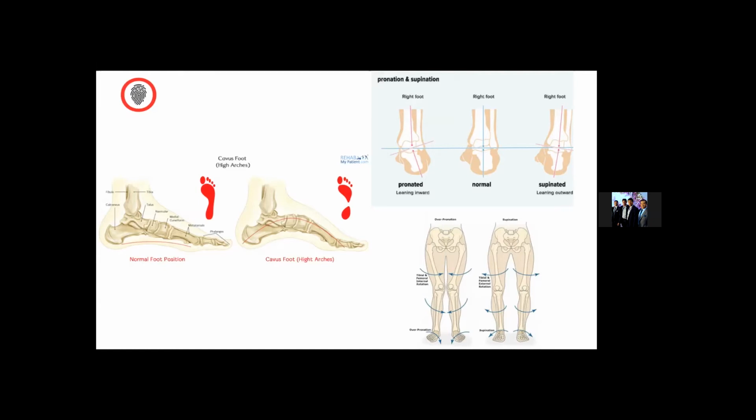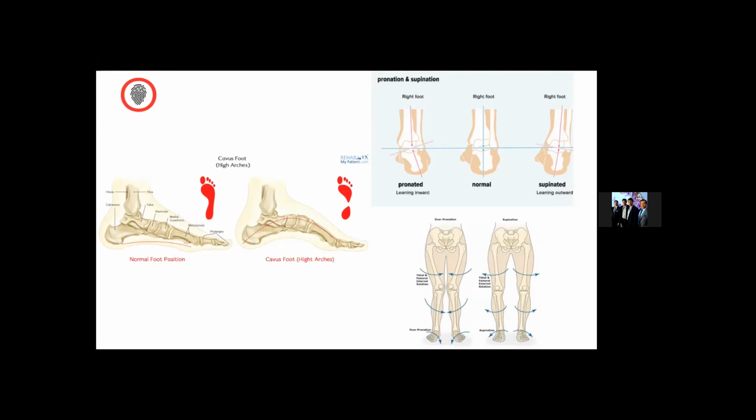So if the ankle tends to supinate, that is more out, then the tibia tends to rotate out. And if the tibia tends to rotate out, the hip also tends to rotate out. And if the hip tends to rotate out, there is a chance of a posterior tilt, and therefore a kinetic chain or a domino effect tends to go up into the spine.